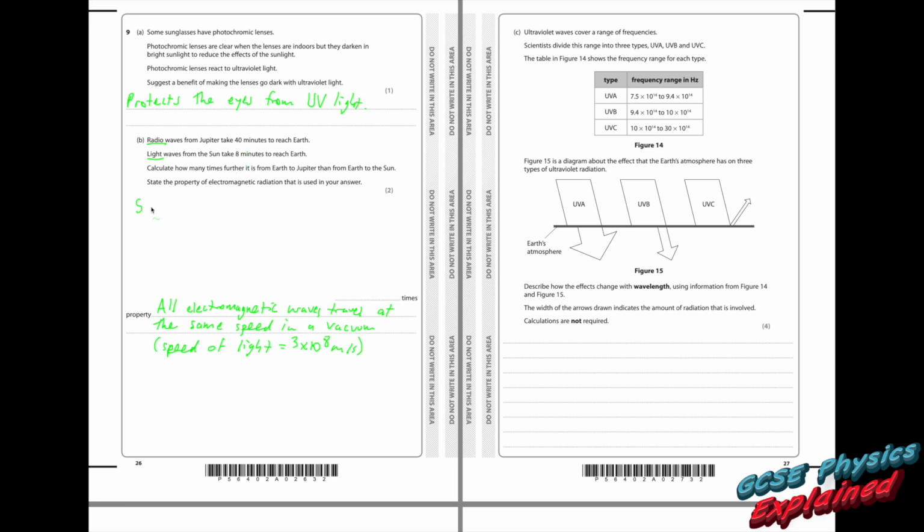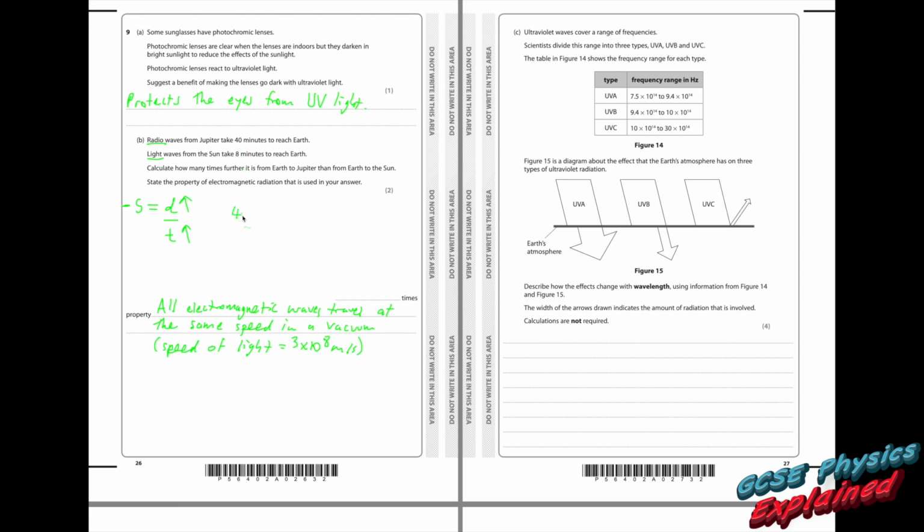If we know that the speed equals distance over time, and we know that the speed needs to be the same each time, what that means is if the time gets bigger, then the distance must also get bigger by the same amount. So we know that this time here is bigger than this time here.